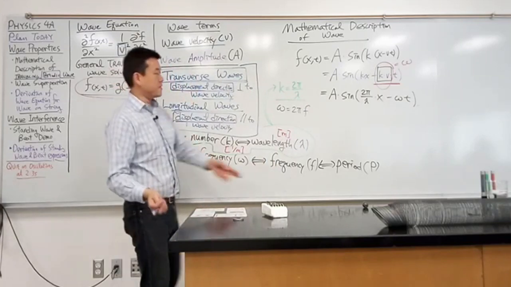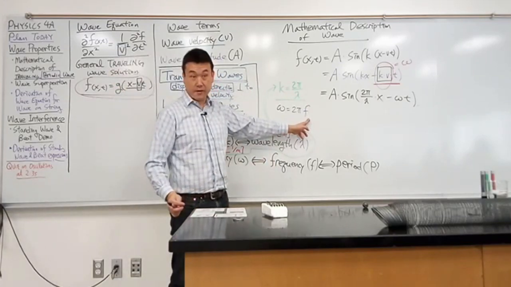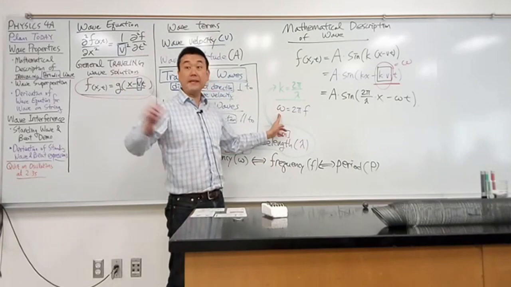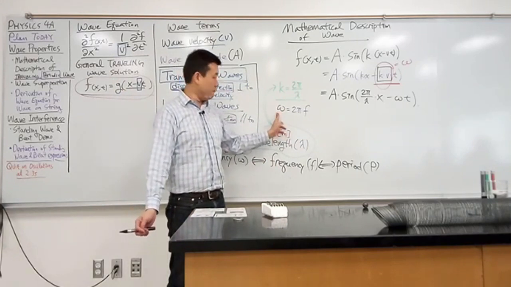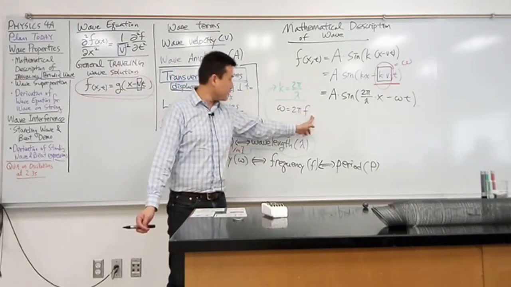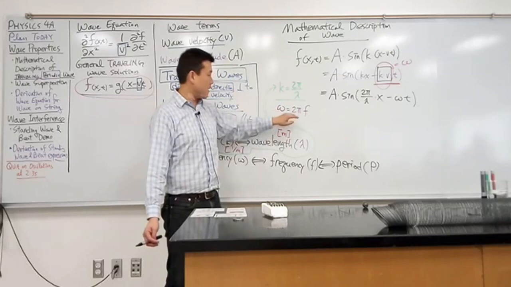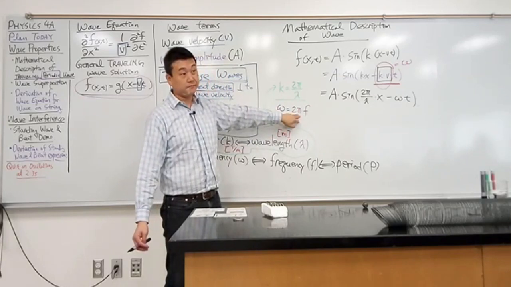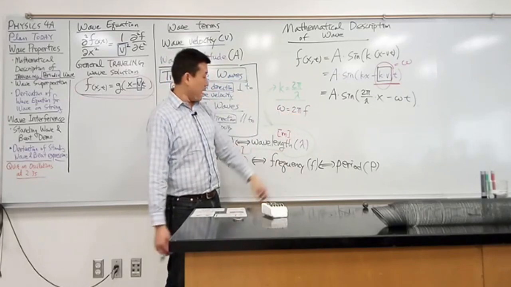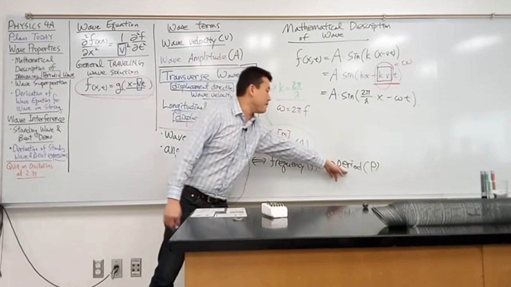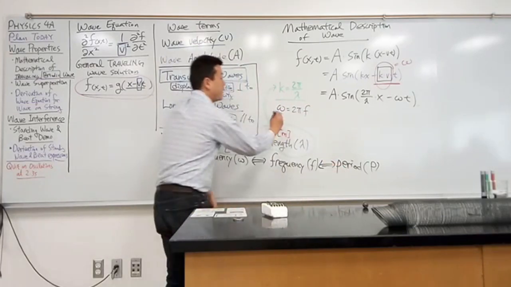The way I remember it is f is given in cycles per second. I want omega in radians per second. One cycle is 2 pi radians. That's why there's this 2 pi there. Good? And period is most directly related to the frequency.